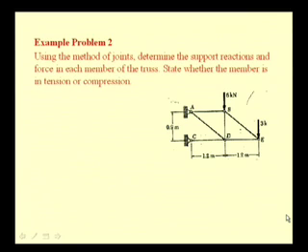Let us see another example. Here we have this truss A, B, C, D, E connected at A and C by pin joints. Is this problem externally statically determinate?